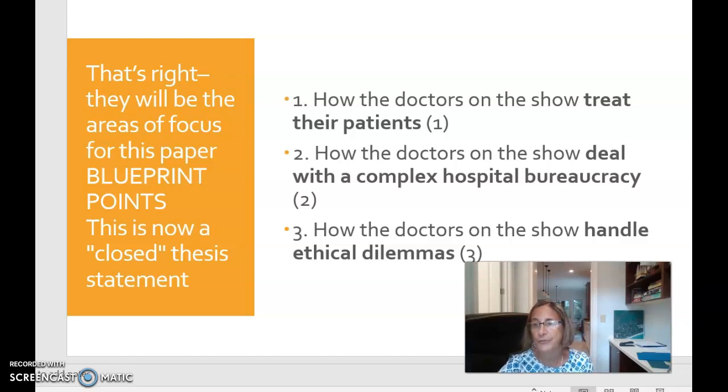Body paragraph number 2 is going to provide instances of them dealing with a complex hospital bureaucracy. And body paragraph number 3 is going to be examples and instances of them handling ethical dilemmas. And within all those body paragraphs, you're going to be demonstrating the positive character traits of the doctors on ER, showing their caring and nobility.